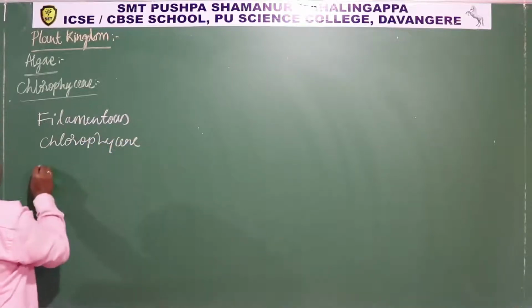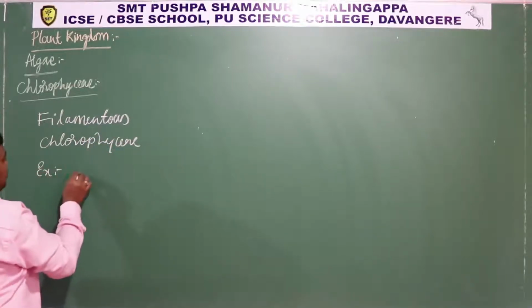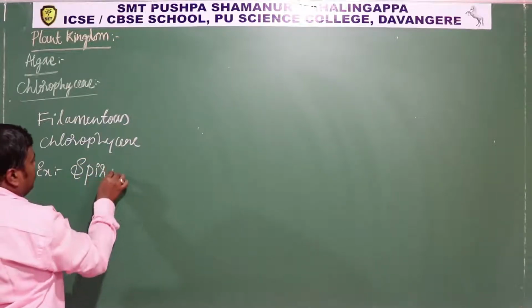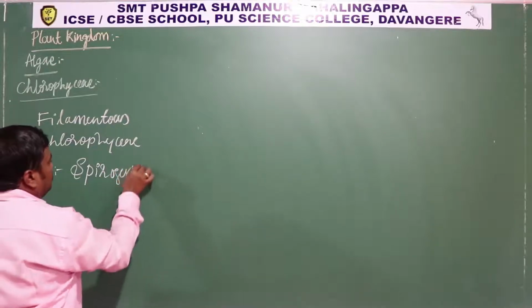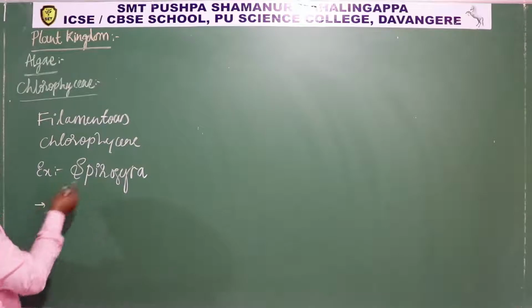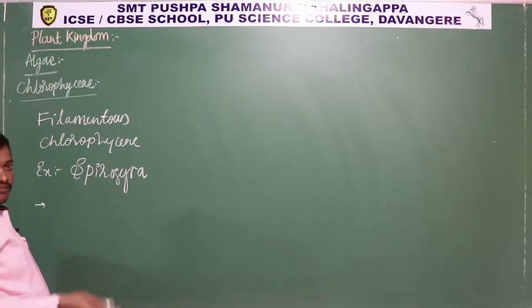Filamentous chlorophyceae. Example is Spirogyra. Spirogyra is found in fresh water.